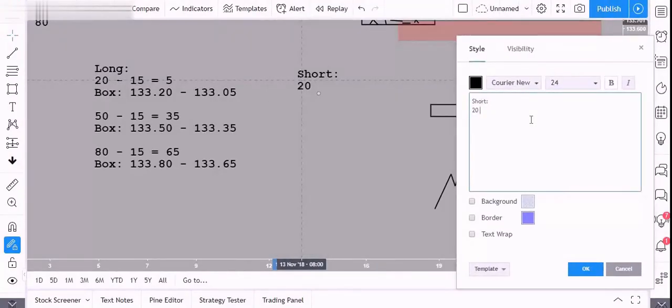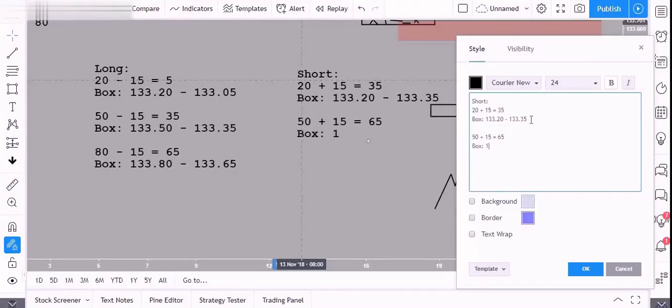So it means 20 plus 15 will be 35. So the box for short, in this case, will be 133.20 to 133.35. If I'm going to 50, it will be plus 15 equals 65.